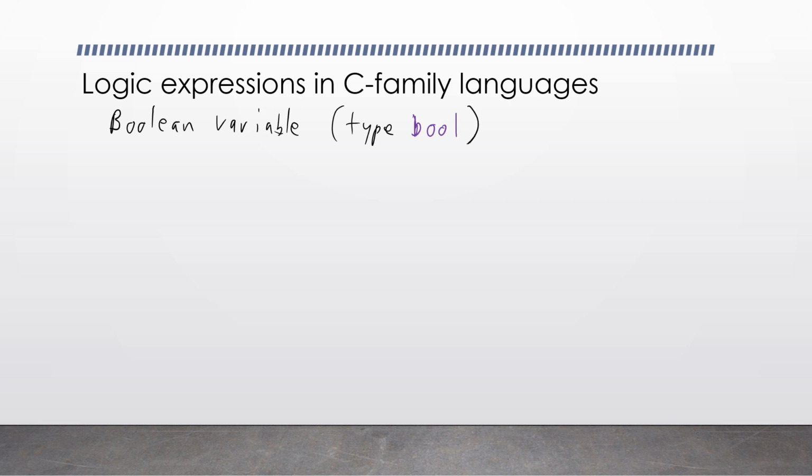I think they actually spell out the word Boolean in Java. And it holds values 1 equals true or 0 equals false. And you can actually use the keywords true and false in C++ to represent those values. You don't have to.